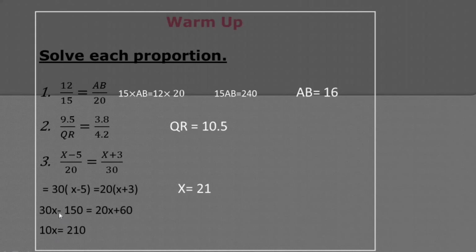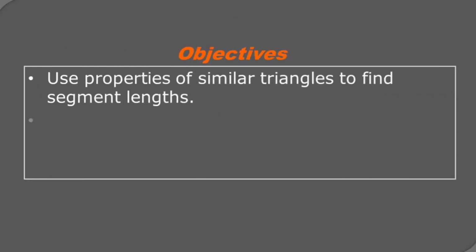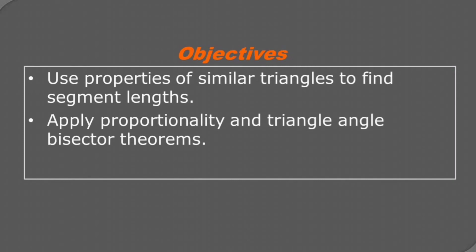I have negative 150, so I need to get rid of it. What is the opposite of minus? Perfect, plus. So add 150 to the 60. It's going to be 210. 10x equal 210. Now just divide by 10 to find the value of x. So x equal 21.